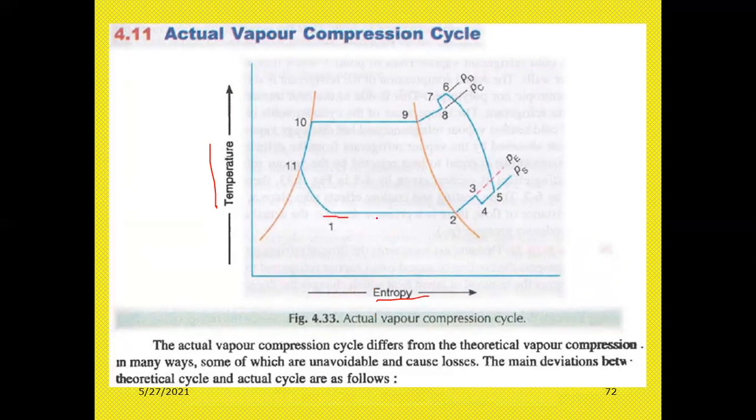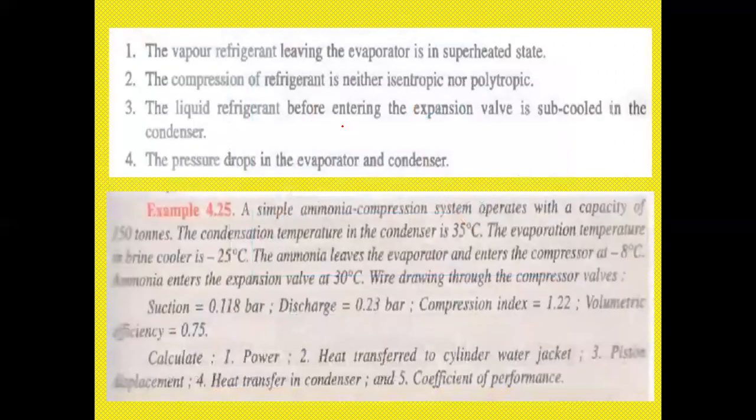Here 1 to 2 is straight, 2 to 3 is somewhat straight, and 3 to 4 goes down and again rises up. Then we have 4 to 5, 5 to 6, 6 to 7, 7 to 8, 8 to 9, and 9 to 10. So what are the deviations here?